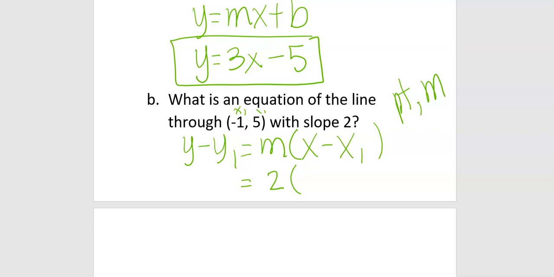So it's going to be an x minus a -1 and a y minus 5. So this is that one where those signs really are a big deal. You're always subtracting within the formula. You put whatever number they have. So what's a minus minus 1? Plus 1. So this would simplify like this.